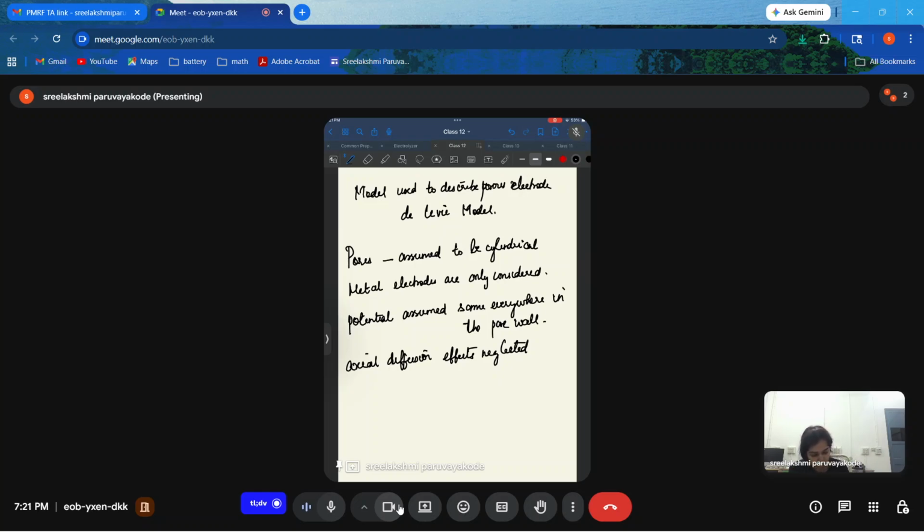Now there's a condition, so I'm writing it down here. If ideal capacitance behavior can be assumed in a small element within the pore, then we have a formula to consider the specific impedance of the pore wall electrolyte interface.